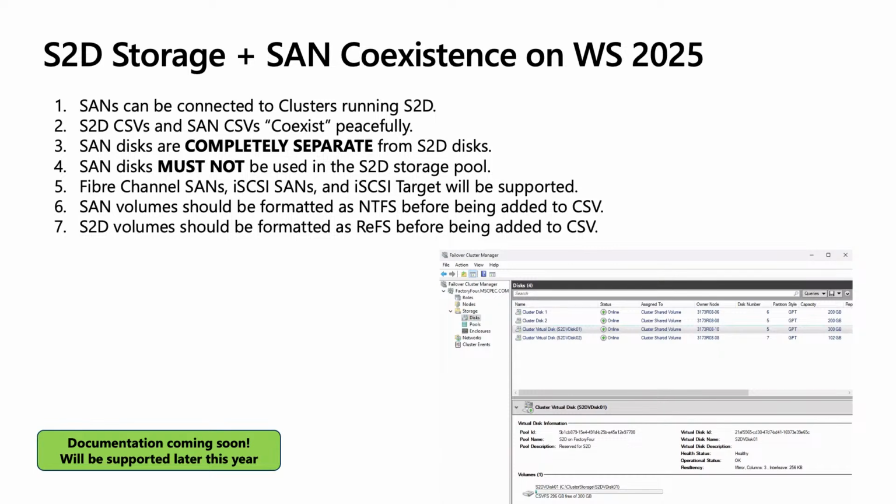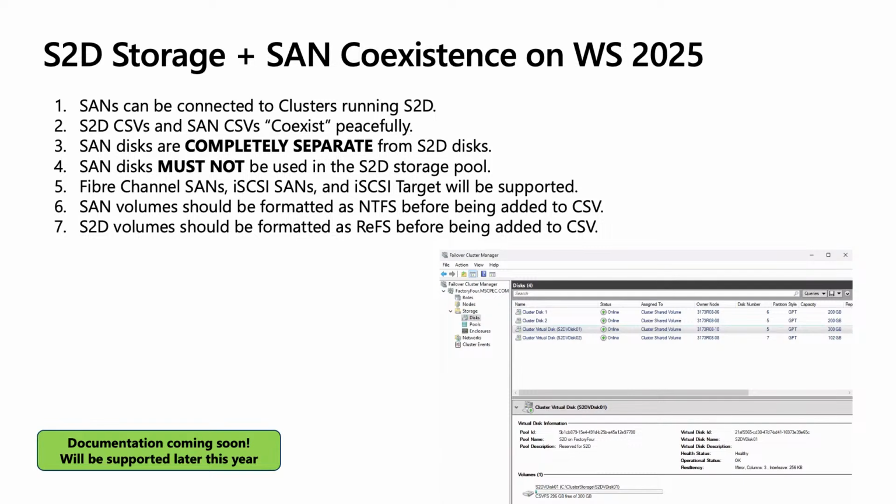We have a lot of customers who are asking for support for S2D plus SAN coexistence, because a lot of our customers have SAN storage and they want to use it together with S2D. So later this year, we'll document this as a supported scenario for Windows Server 2025.